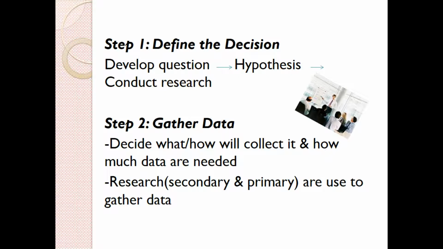Secondary research, you get your data whether your marketing strategy will work or not work from the library, from the internet. This is the meaning of secondary research, that it has been done before. Primary research, you actually go out into the world and get your answers.